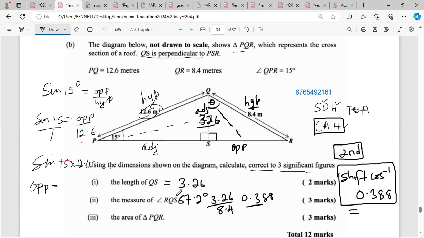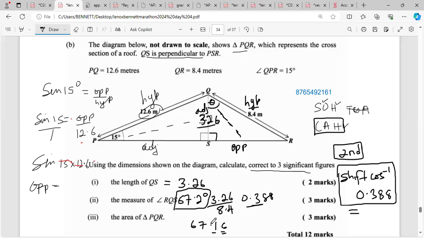What did you get? The answer on the calculator was 67.1, but you said 3 significant figures. It was 67.169, so you round up.